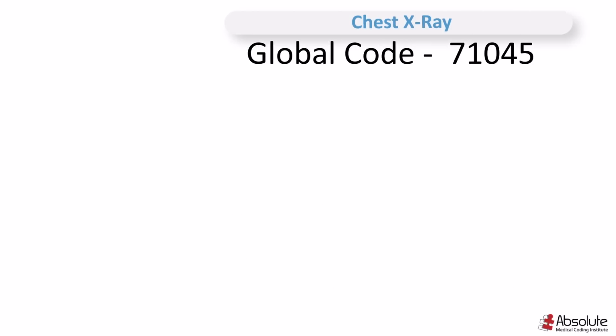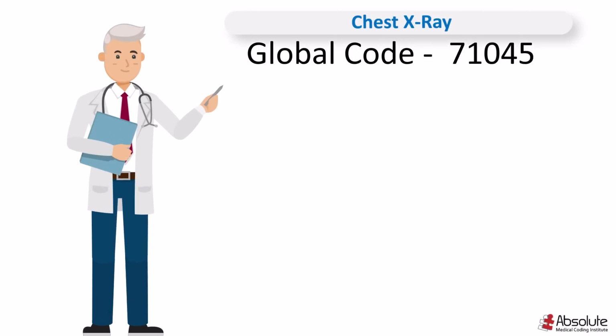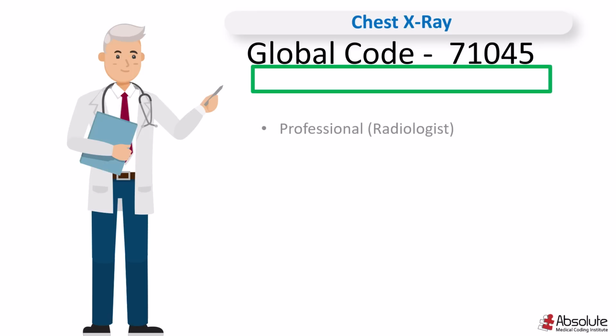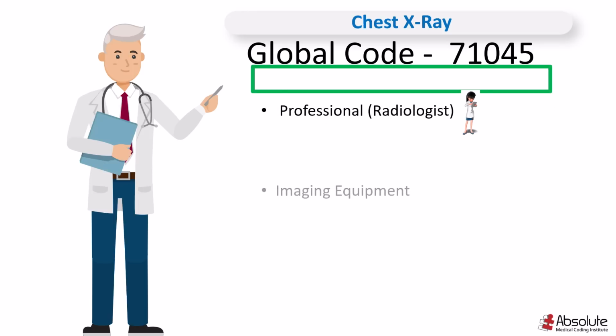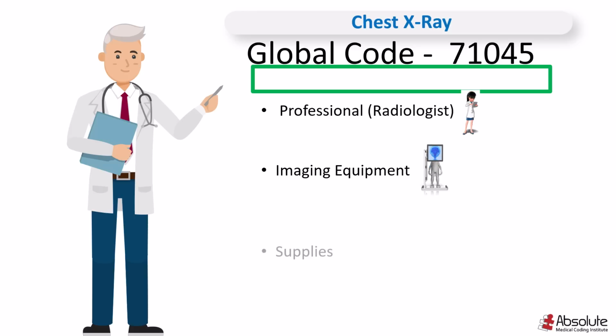When you go to a hospital to get an x-ray, a chest x-ray, the code is 71045. And there is a presumption that the hospital is providing or owns everything.